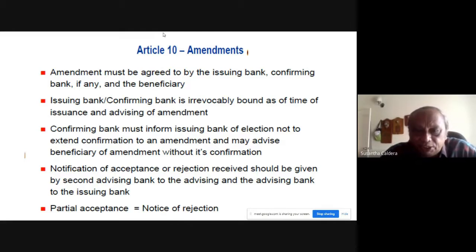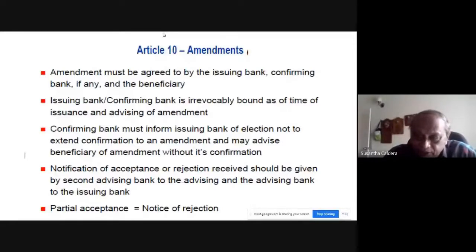Notification of acceptance or rejection received should be given by the second advising bank to the advising bank, and the advising bank to the issuing bank. Once the second advising bank advises the LC amendment to the beneficiary, if the beneficiary rejects the amendment, then the second advising bank has to advise the advising bank, because that's the path it has gone.